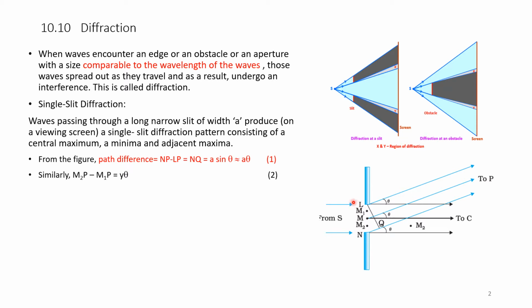This is single slit diffraction, that is, the diffraction is taking place at the edges of the slit at an angle theta. To analyze the effect of diffraction, we will consider three cases. From the figure, there is a path difference.